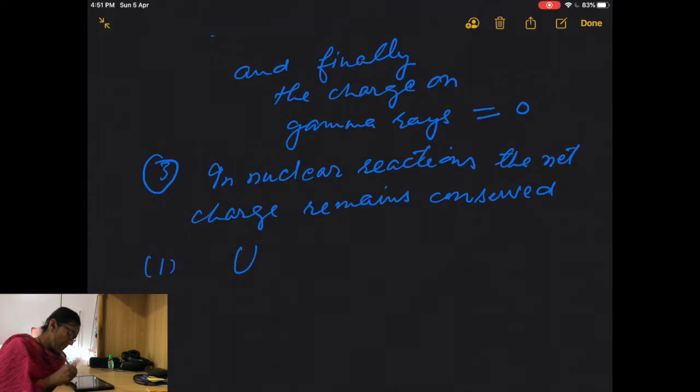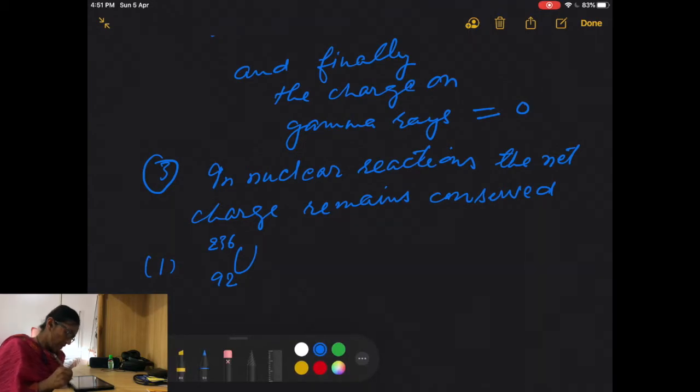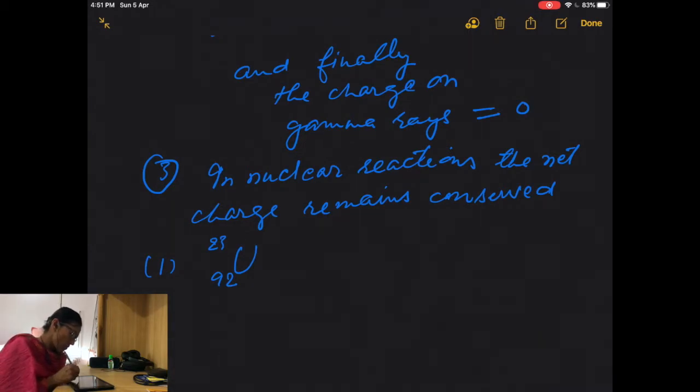When uranium 92, I should say 235, is bombarded with a slow moving neutron, then it can be converted into daughter nuclei in so many ways, such that the sum total of net charge after the nuclear reaction remains the same.